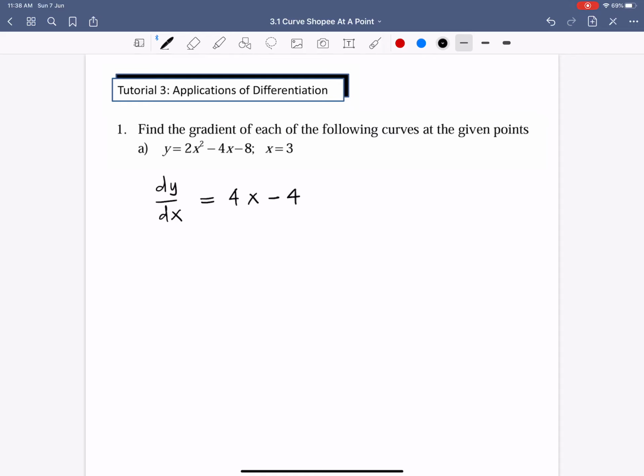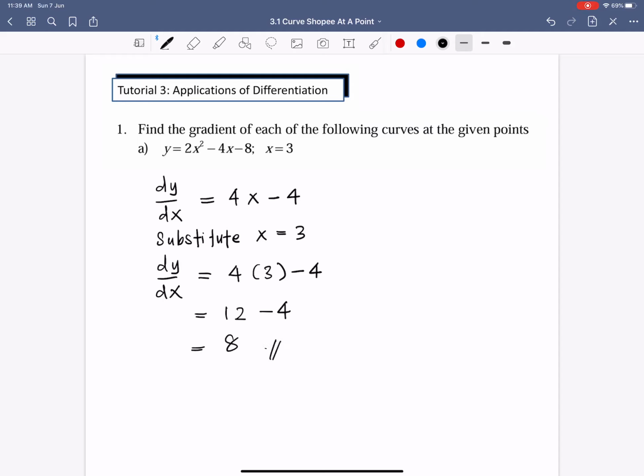In this case, we want to find the gradient at a specific point, x equals 3. So we substitute x equals 3 into dy/dx. So dy/dx equals 4 times 3 minus 4, which is 12 minus 4, and this equals 8. This is the answer for question 1a.